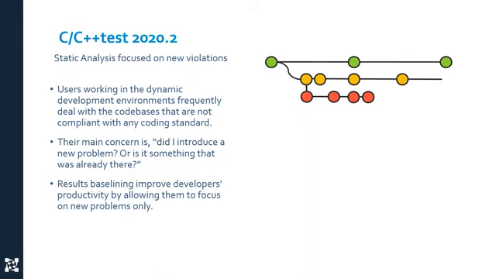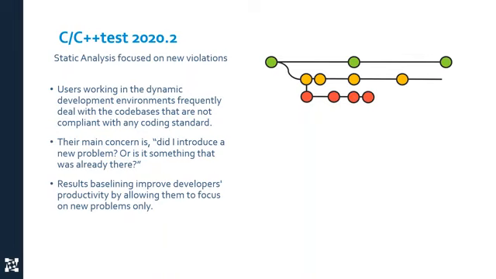When running the analysis on this kind of code base, which was not created and not maintained in a compliant state, developers will see all the violations, the ones caused by their most recent code modifications and those that exist in the code base for a long time.